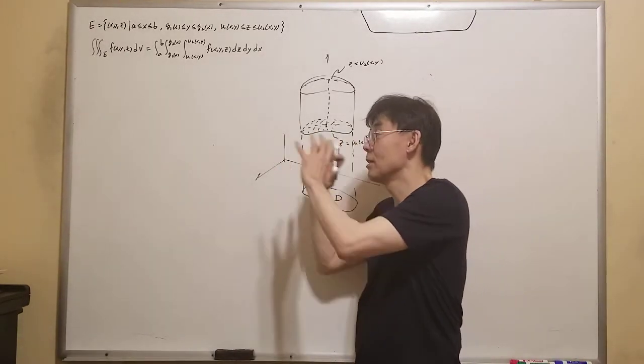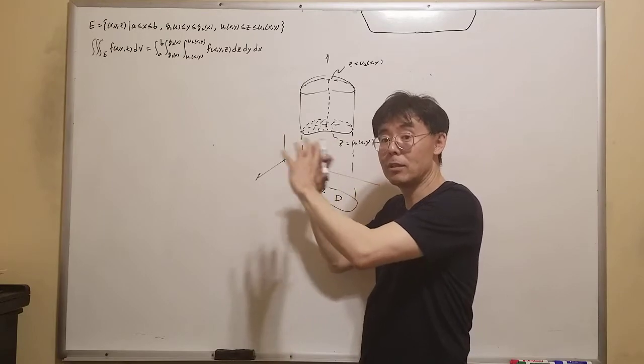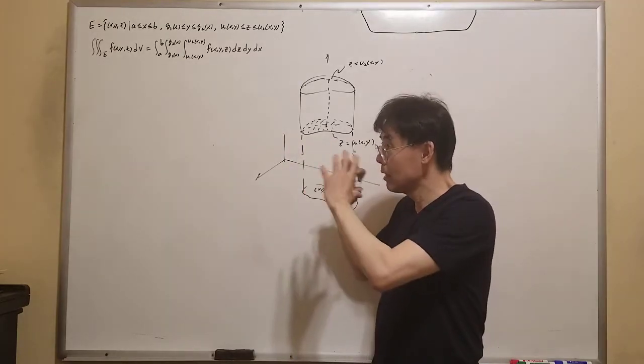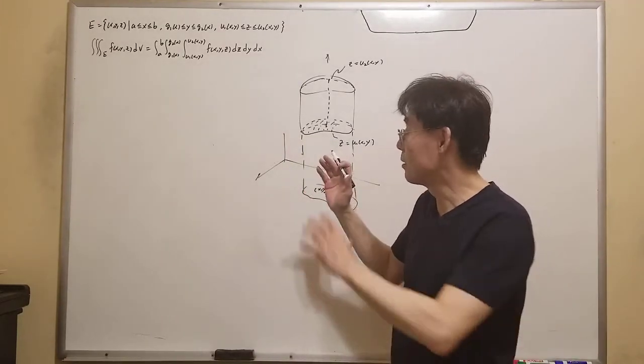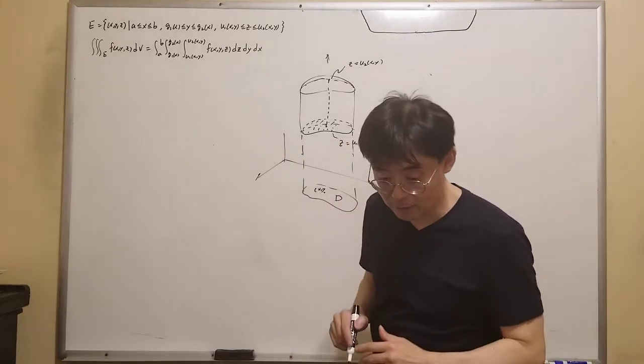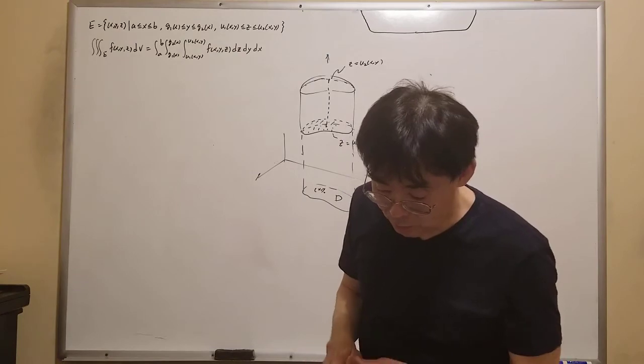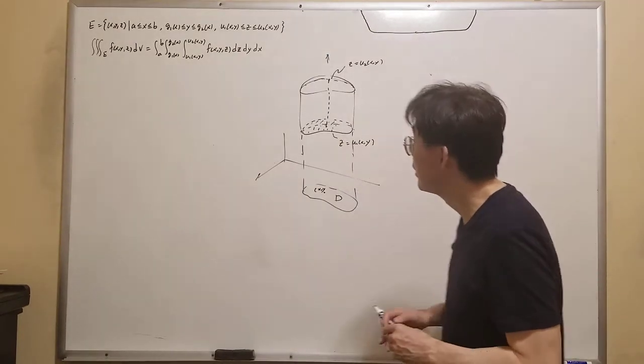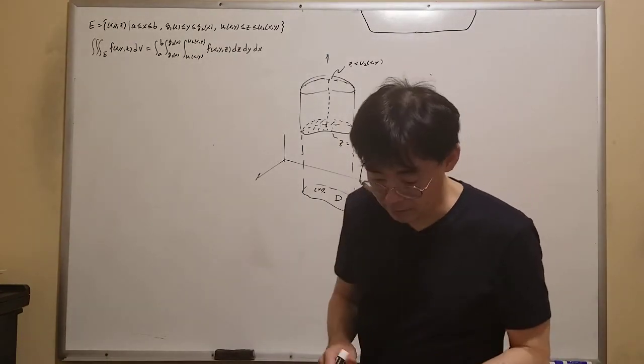And type 3 is a general cylindrical region. It's not really a cylinder, but the axis of the region is along the y-axis. So we did those ones. Let's do a few examples.